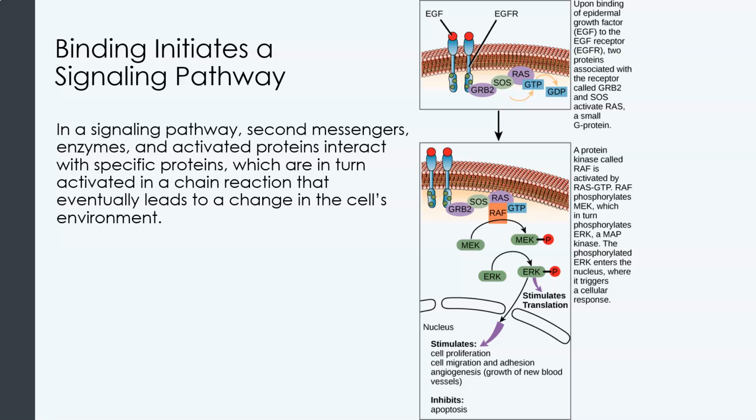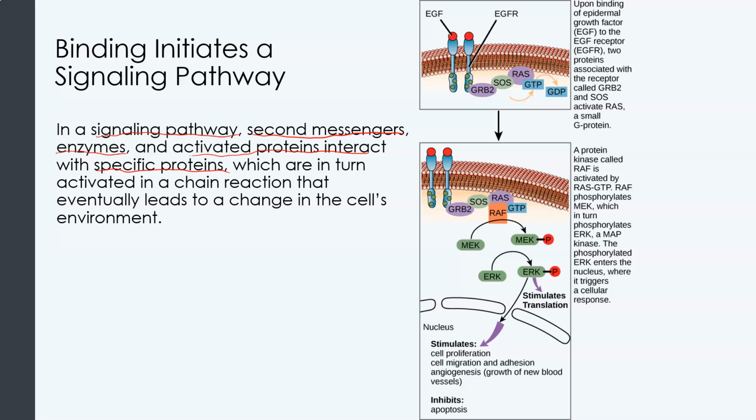So basically, we're looking at how ligands bind to receptors, but what really happens whenever we say that they trigger something to happen inside the cell? Well, in a signaling pathway, second messengers, enzymes, and activated proteins interact with specific proteins, which in turn activate a chain reaction that leads to a change in the cell's environment.